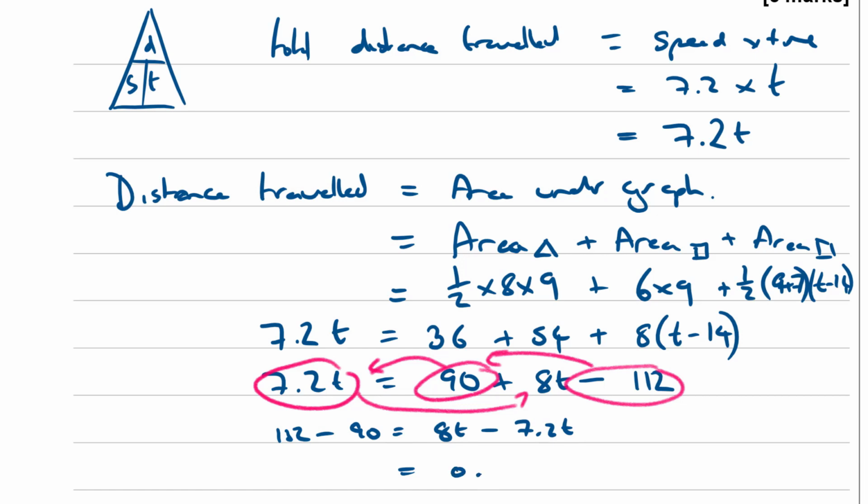So that's going to give me 0.8t on the right, and 112 take away 90 is 22. So 0.8t is 22. So then dividing by 0.8 should give me the value of t. So I make that t equals 27.5.